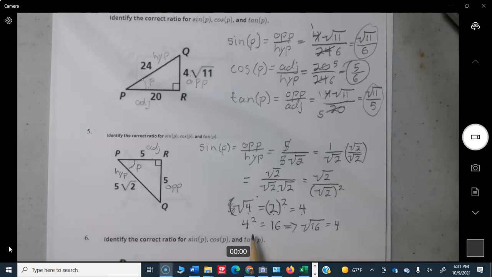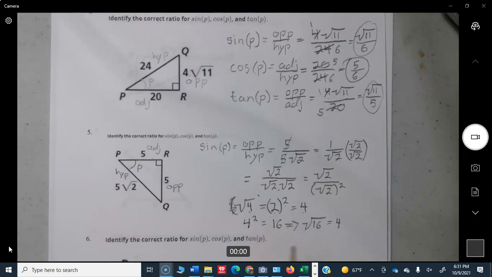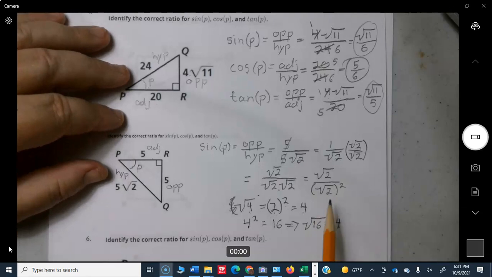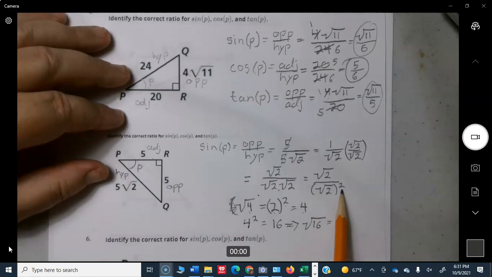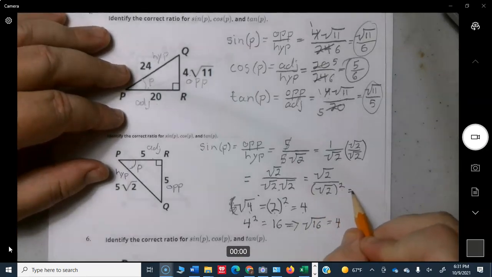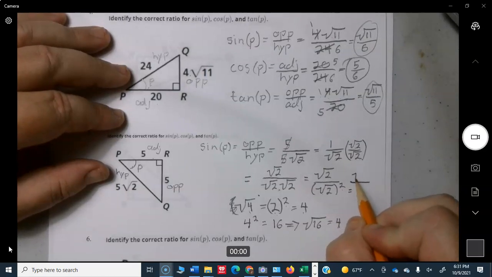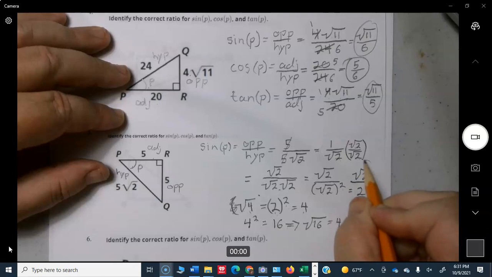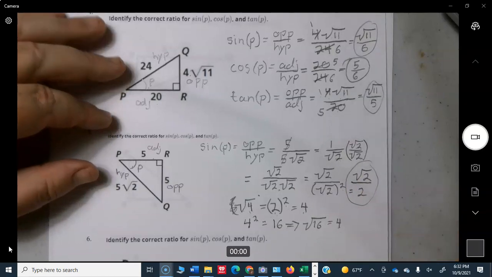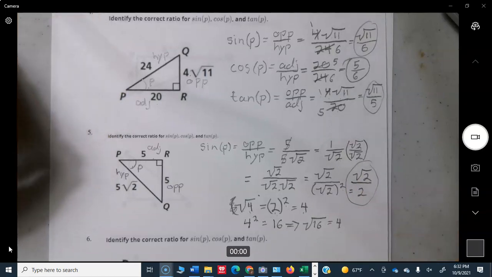So if I take the square root of 2 and then square it, that simply equals 2. And up on top, I have the square root of 2, so that is the answer to that.